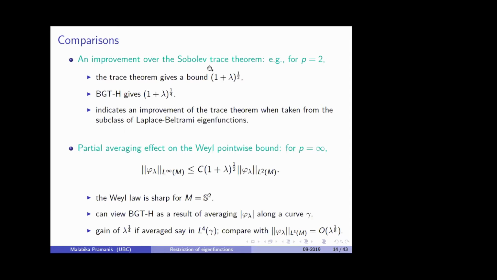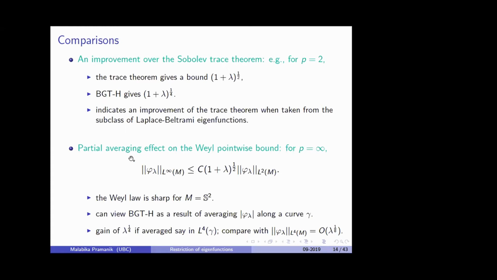Such a bound for p equal to 2 would yield lambda to the 1/2, whereas the Burq-Gérard-Tzvetkov-Hu bound gives lambda to the power of 1/4. This gain is due to the fact that the trace is taken from a smaller, more specialized class of Laplace-Beltrami eigenfunctions.